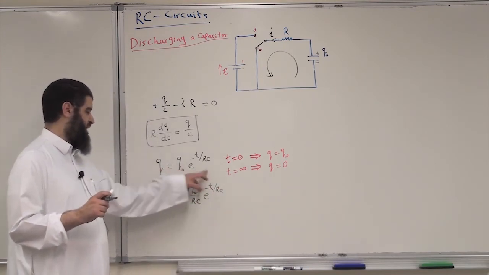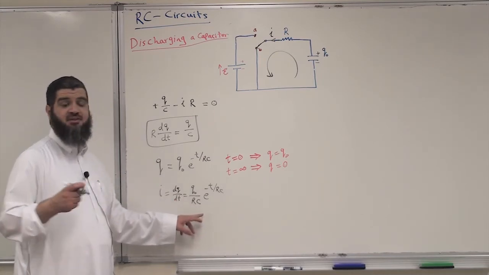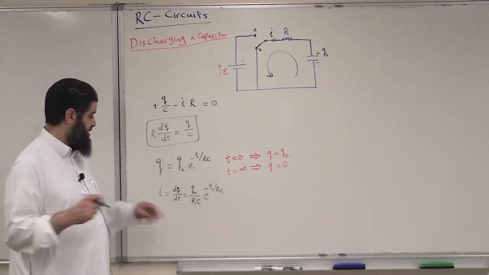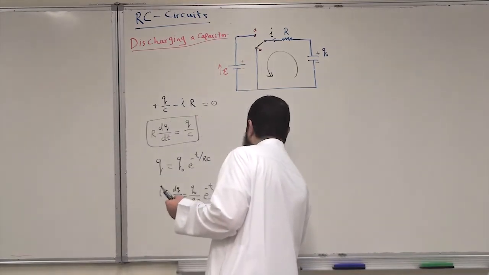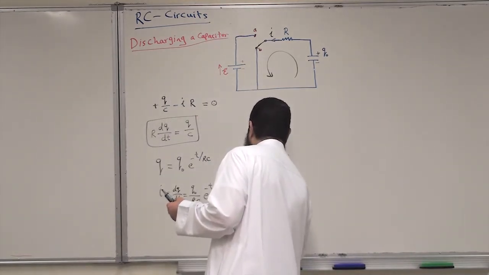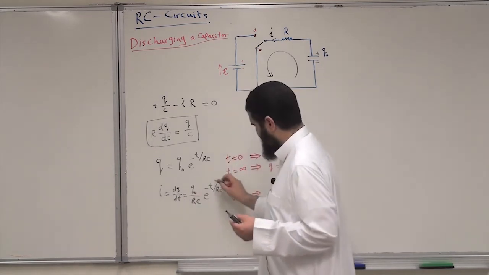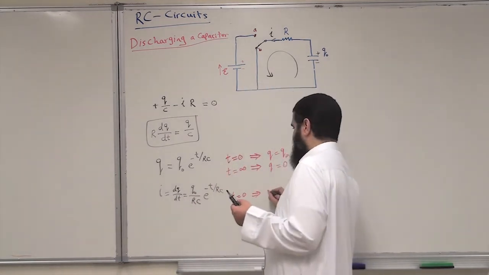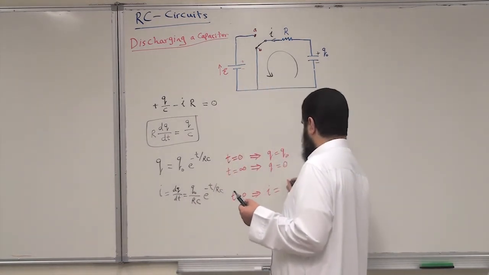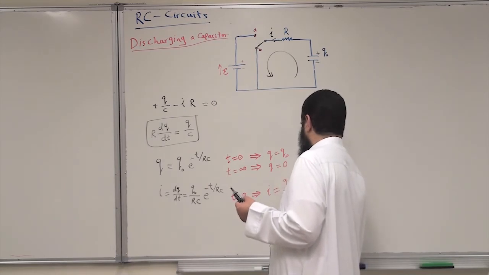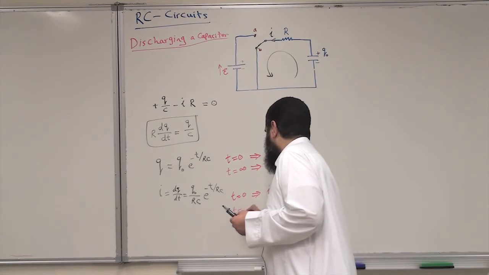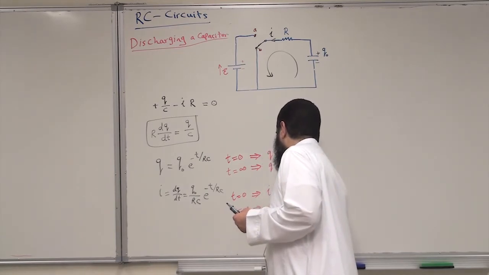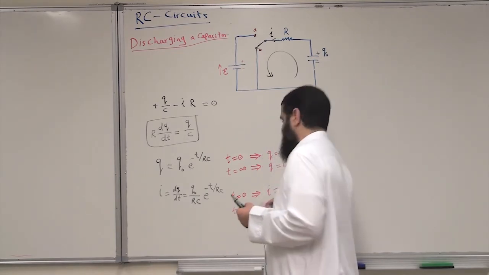The charge will be decaying and the current will be decaying. We start with a large current at time t equals 0. At time t equals 0, the current will be maximum. So this exponential term will be 1, and I equals Q0 over RC. And if we wait for a long time, the current will be equal to 0.